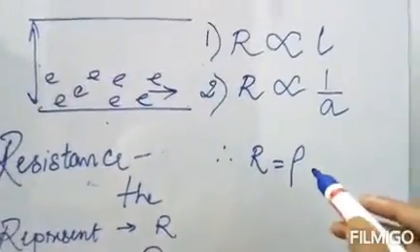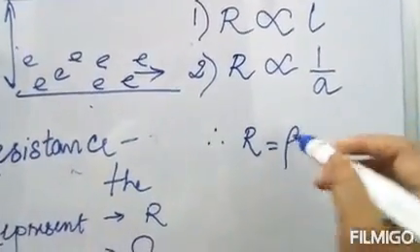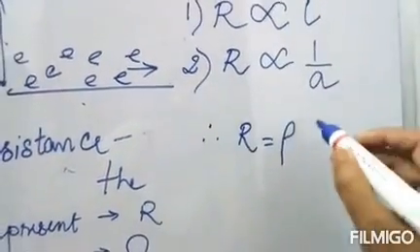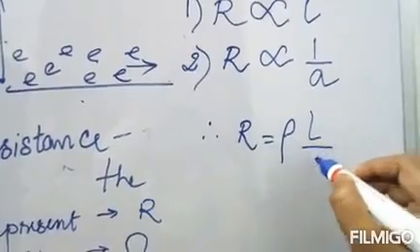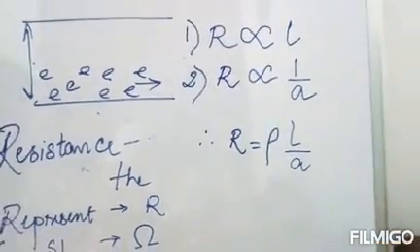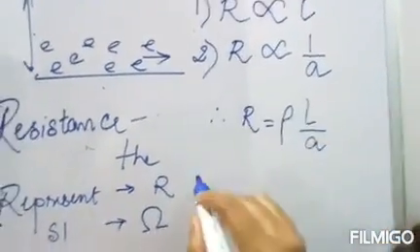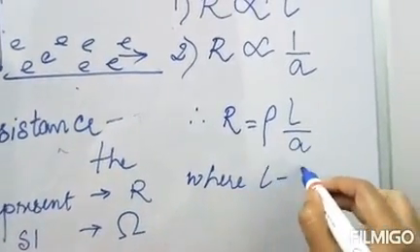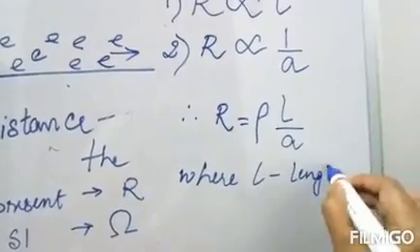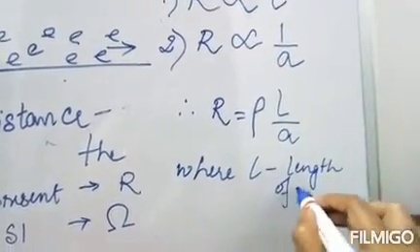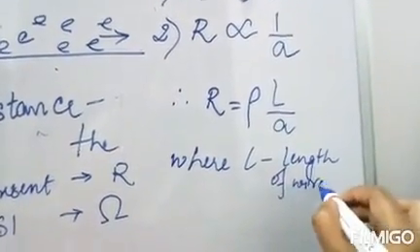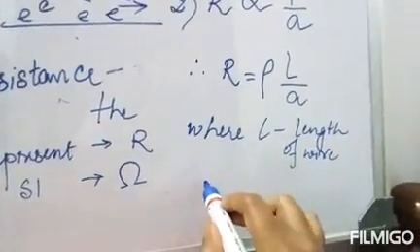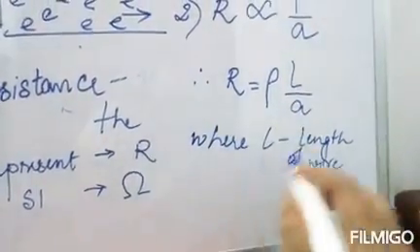This rho is the proportionality constant, and we want to combine these two. We can write R = rho L by A, where L is the length of the wire or conductor, whatever we are using, through which current is flowing.